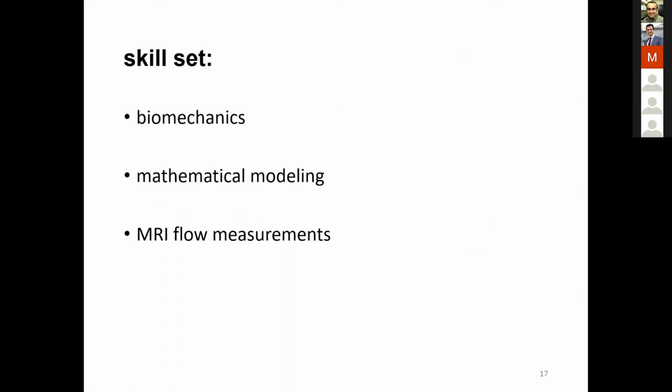The skill sets that our students in the laboratory develop include biomechanics, mathematical modeling, and interpretation and analysis of MRI flow measurements that either we perform in collaboration with the imaging center, or in collaboration with groups that we work together with.